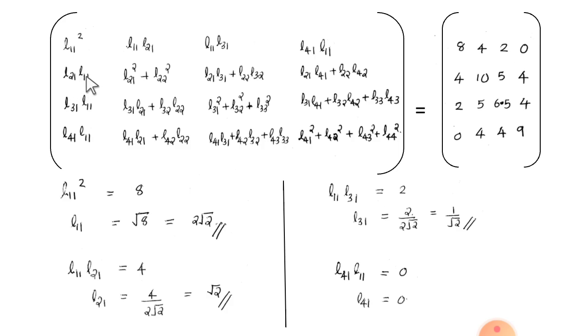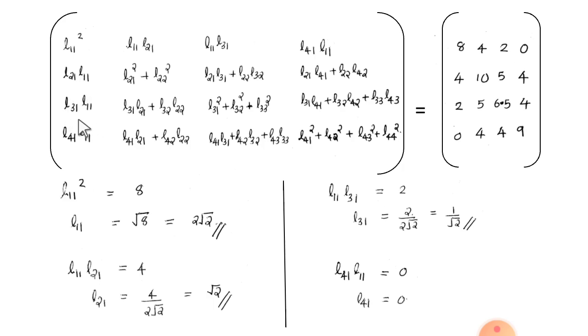Then consider L21 and L11. In the position of L21, L11, the value given is 4. So you have to equate L21, L11 with 4. Equating that, we have L11, L21 equal to 4. Now we know the value of L11 which has already been found here. So substituting that you will get the value of L21. Again consider L31, L11.